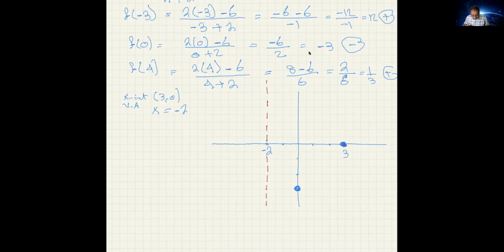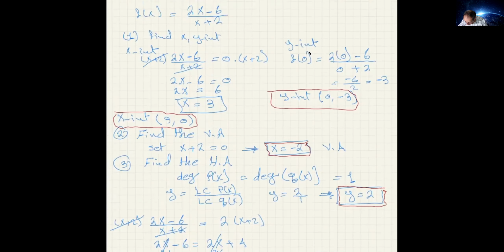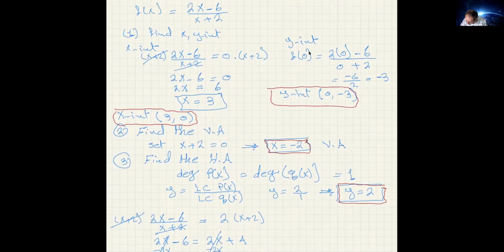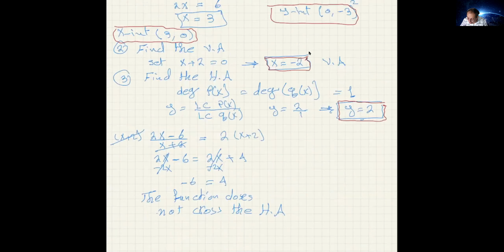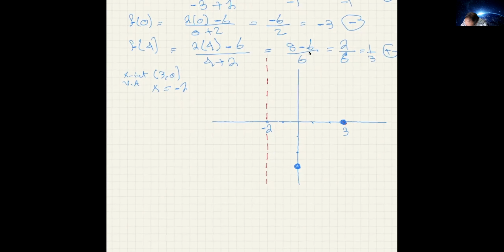And I mark this point. And also the other thing is to graph the horizontal asymptote. The horizontal asymptote is y equal 2. All right, so let's graph the horizontal asymptote.